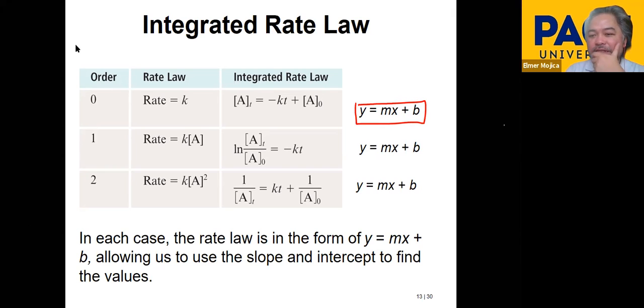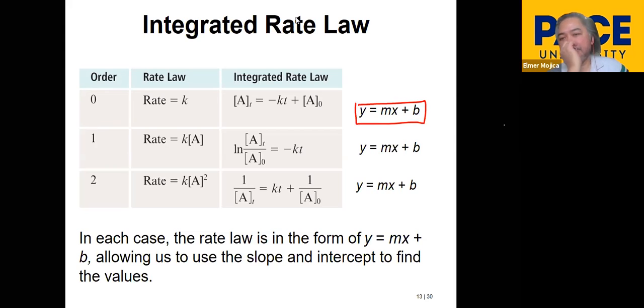Okay. That is your equation of the line, right? Now, you should be able to determine based on a plot whether you have a first order, second order, or a zero order, because all of them assume the equation of a line.